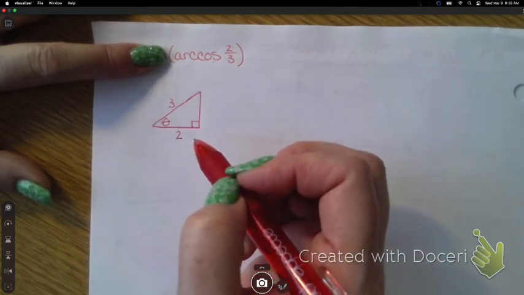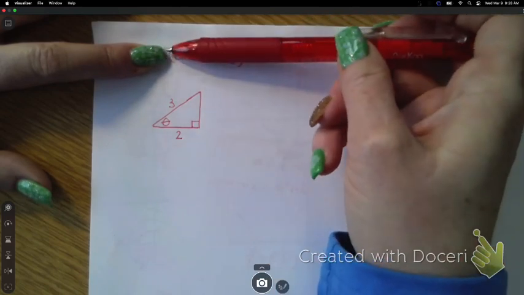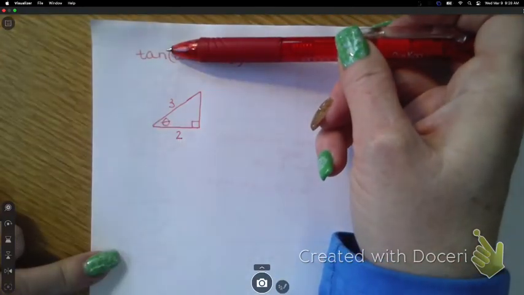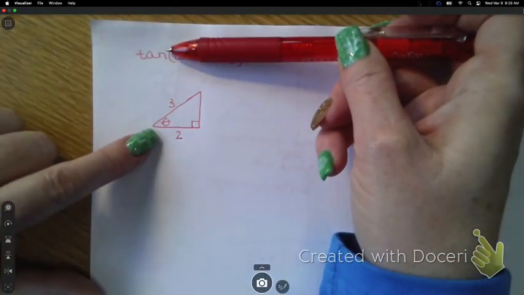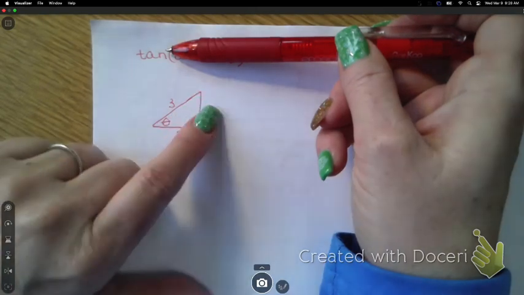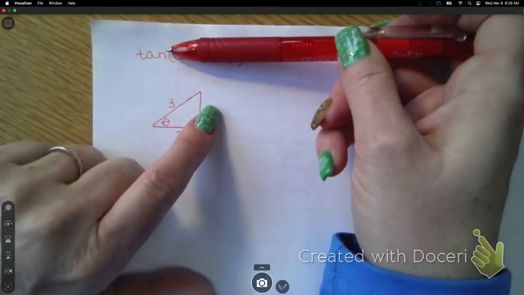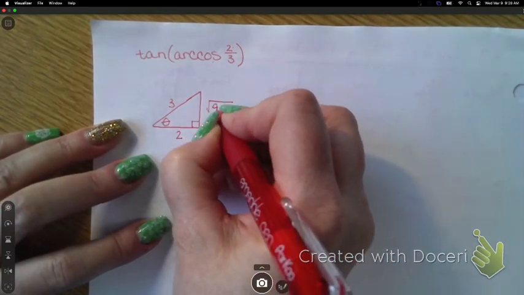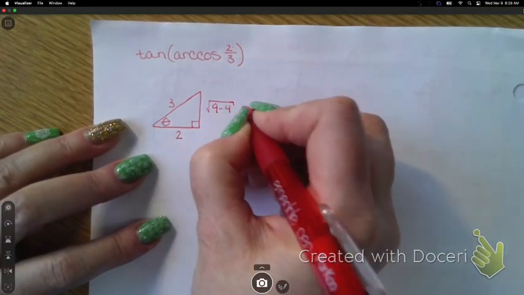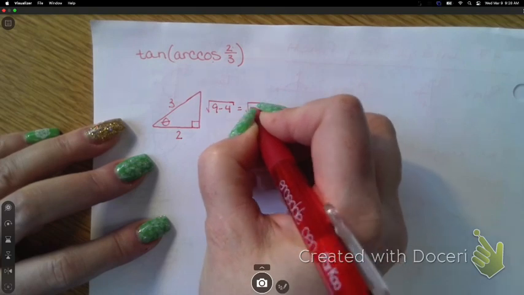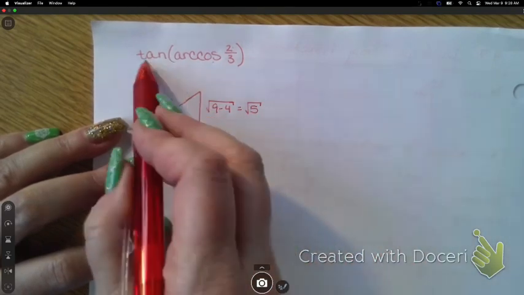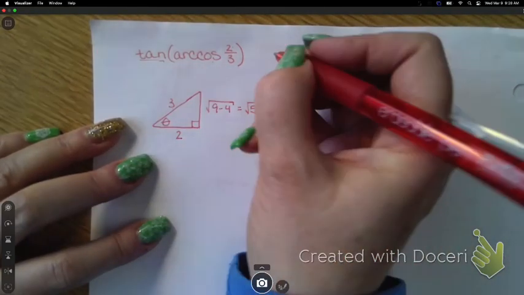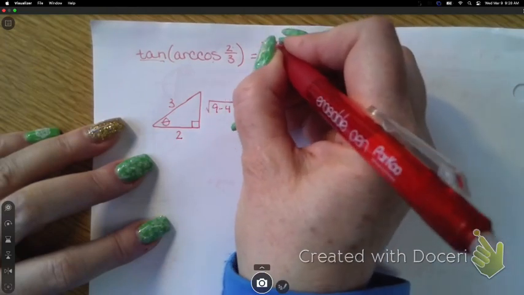The ultimate question I have is the tangent of that angle. I need to find the opposite. How am I going to find the opposite? Pythagorean theorem. So the square root of 9 minus 4, right? Square root of 5. So once I have the square root of 5, can I find the tangent? Yes, which would be square root of 5 over 2.